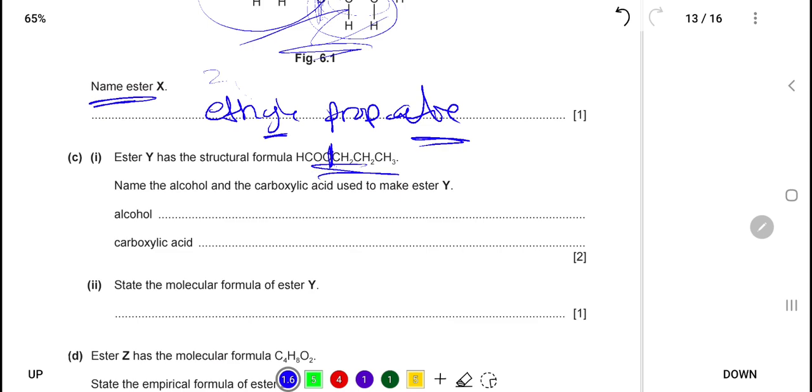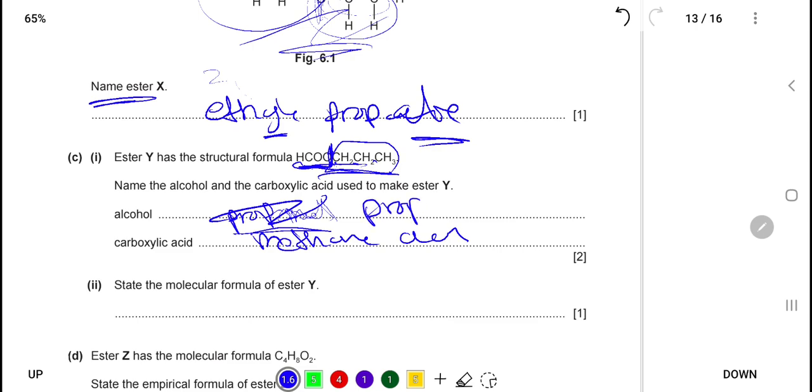Because COO comes with the carboxylic acid, which has only 1 carbon, it's methanoic acid. We look at all of them: you have 1, 2, 3 carbons, just like propanoic. Now this is the alcohol, right? It's propanol. Sorry, my handwriting is so bad. Propanol.